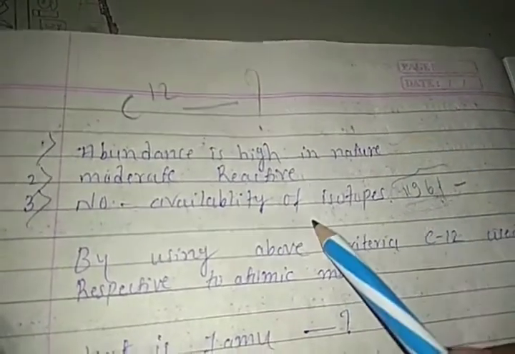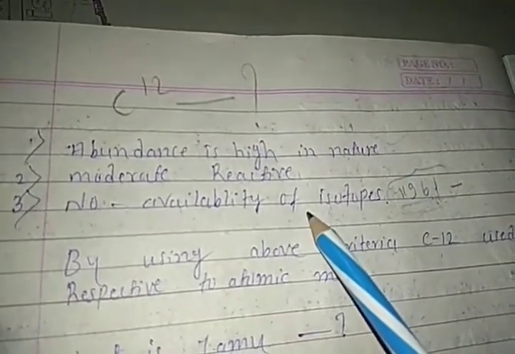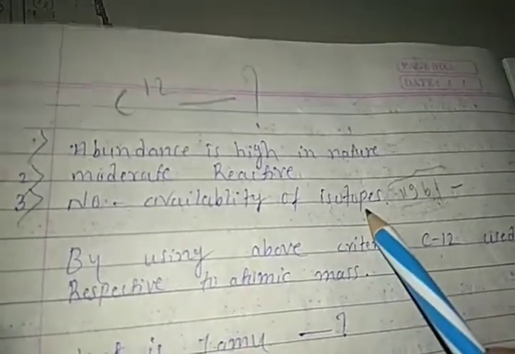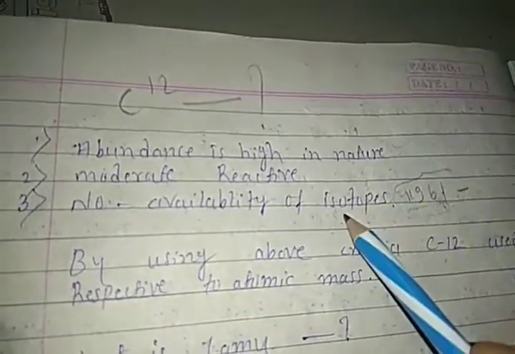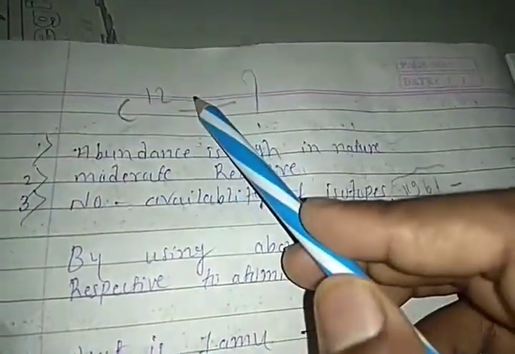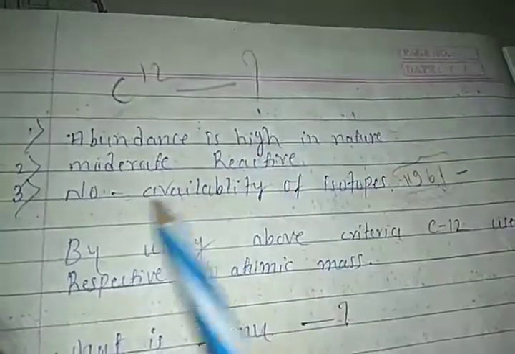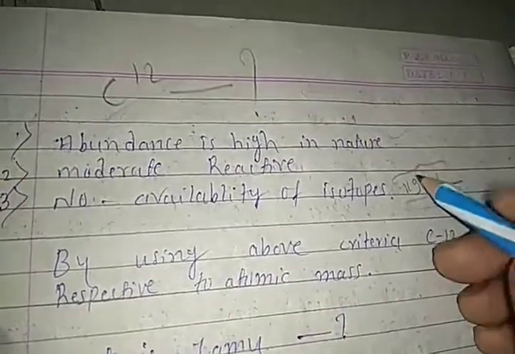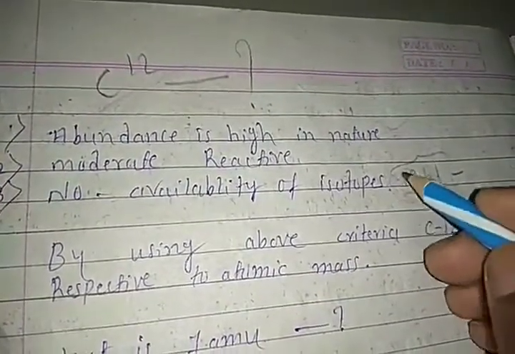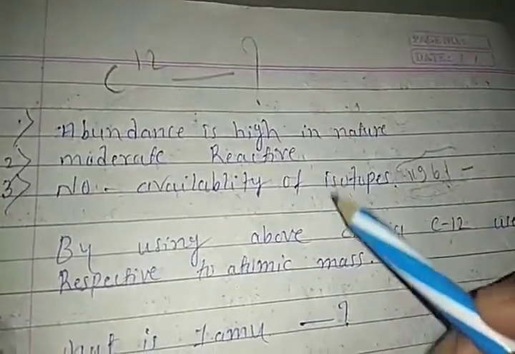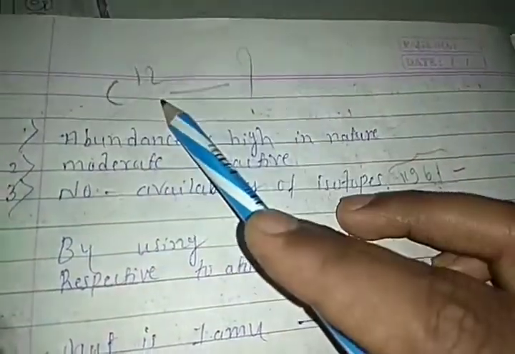But nowadays carbon isotopes are present. However, at that time, while carbon-12 was being considered as the standard atomic mass, there was no availability of isotopes of carbon. So these are the three reasons why carbon is considered the standard for atomic mass.